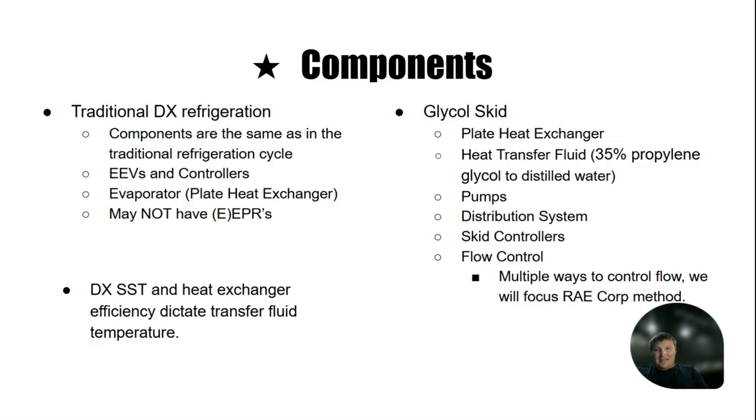Then our secondary side is our glycol side. Those components are going to be our plate heat exchanger, the heat transfer fluid itself, 35% propylene glycol, pumps, the entire fluid distribution system, different controllers, and then some flow control valves.